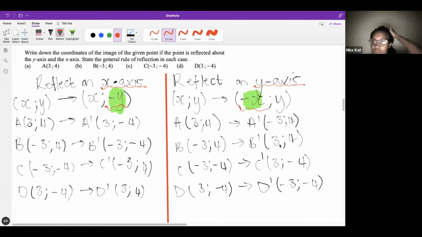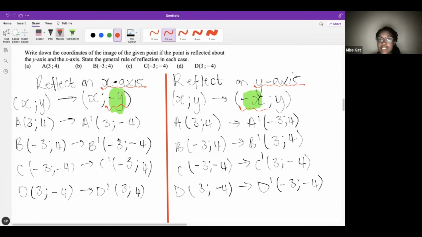Sinesihle, do you have a specific question? Yes, ma'am. You see, ma'am, C is (-3, -4), and then you see D is also (-3, -4). Do we make a dot on top of it, or do we just leave it out? Oh, you mean if you were drawing these?